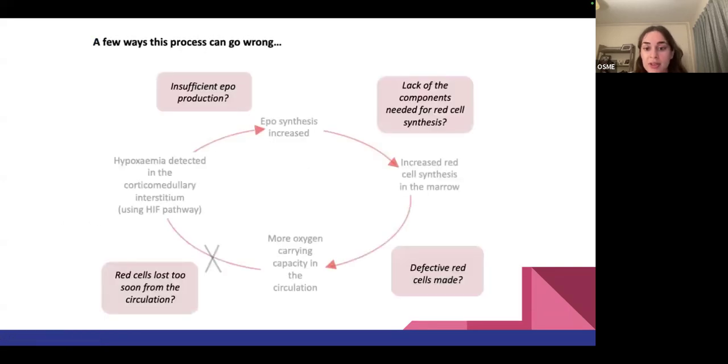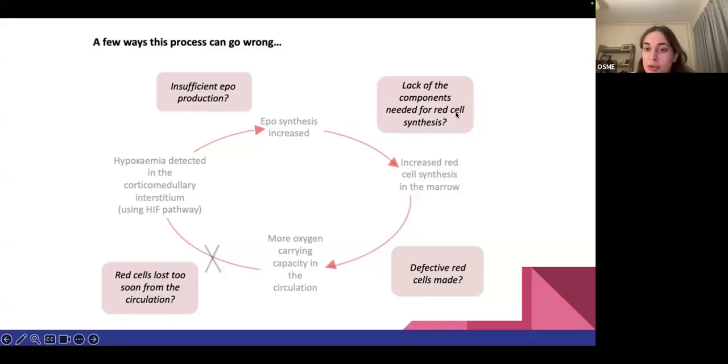The cause of anemia you can think about within the different stages of red blood cell production. If there's poor EPO production, in things like chronic kidney disease, although the HIF pathway is activated within the kidney, because the kidney's damaged, it doesn't produce EPO, and you could get anemia. This is the anemia of chronic disease or chronic kidney disease.